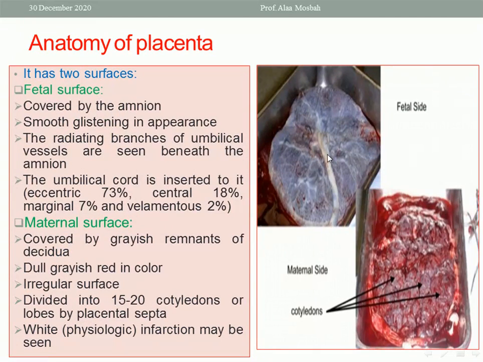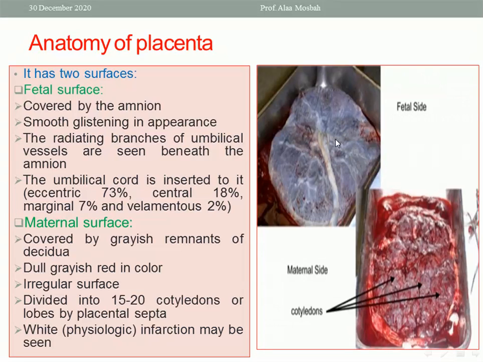This picture shows you the maternal and fetal surface. This is the fetal surface. As you see, it is grayish white, glistening, smooth, with the insertion of the umbilical cord here.